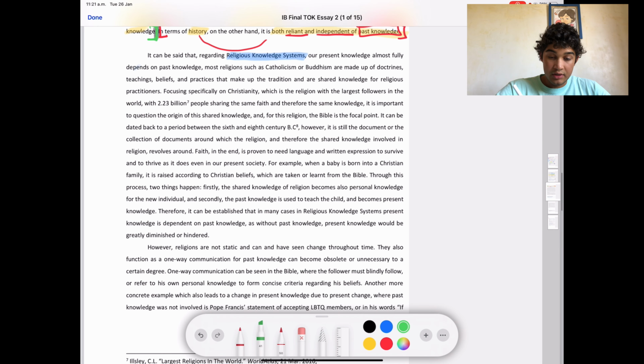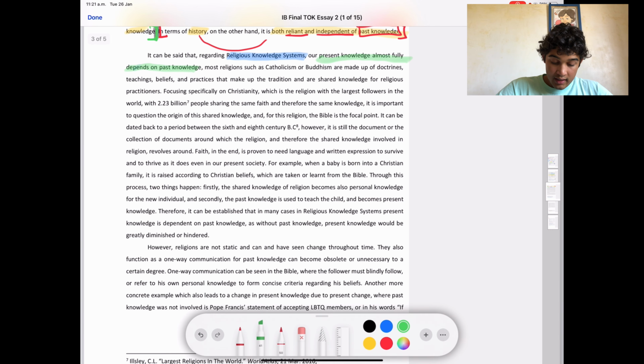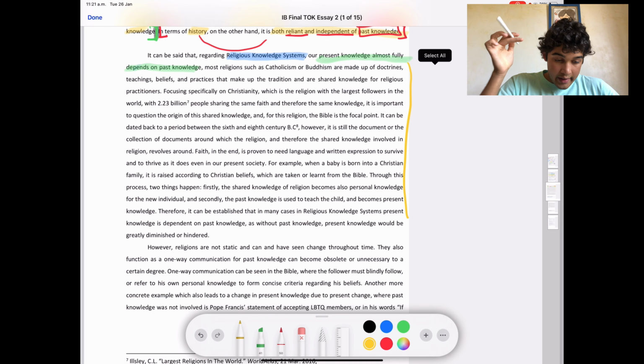And again, you start with a claim. Present knowledge is almost fully dependent on past knowledge. And then I start giving some examples. This is an example, all the way up to here. And here I'm giving data, I'm giving also numbers.